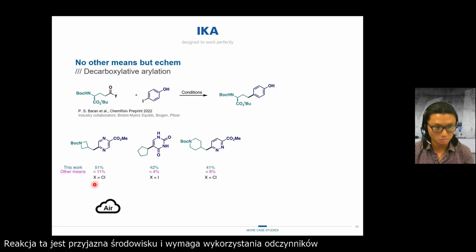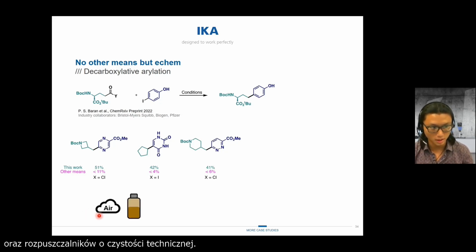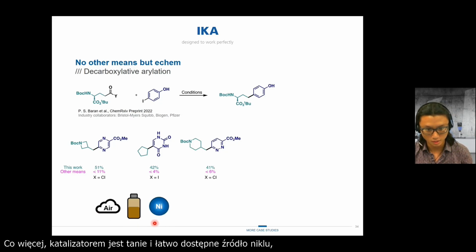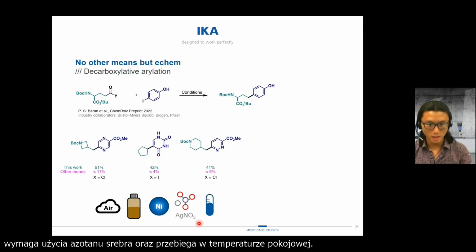And the reaction is air friendly, and it needs just technical grade solvent and reagent, very cheap and accessible nickel source catalysts, and also silver nitrate. And the reactions can be done at room temperature.